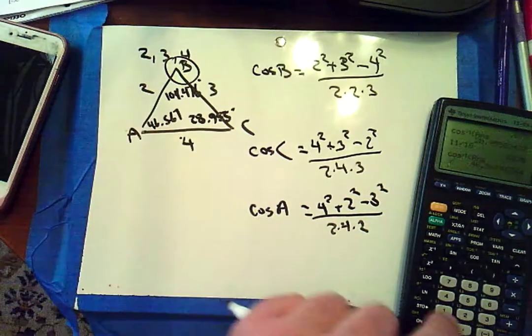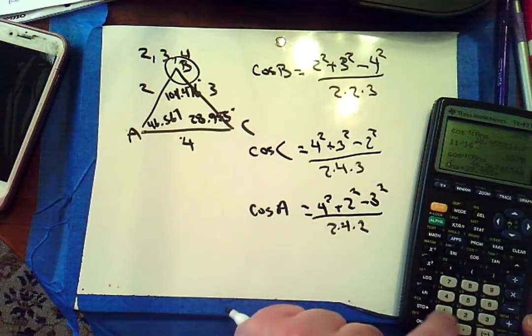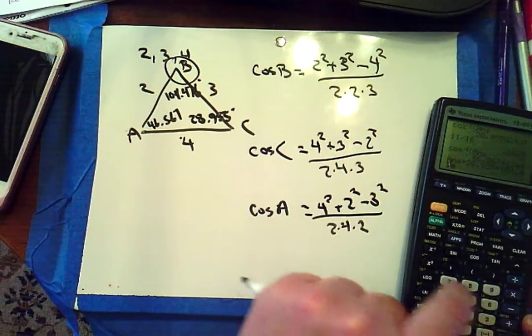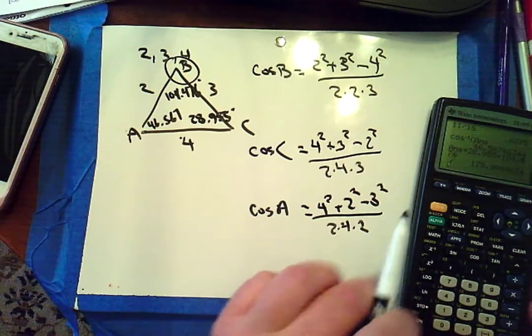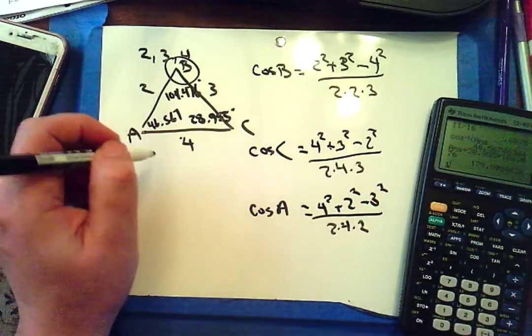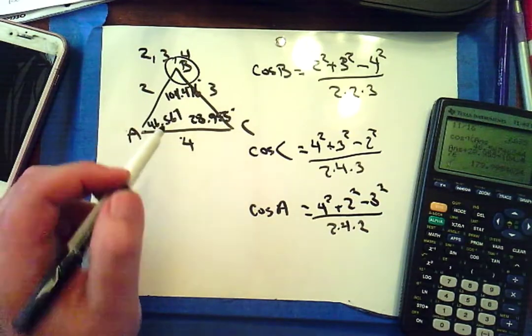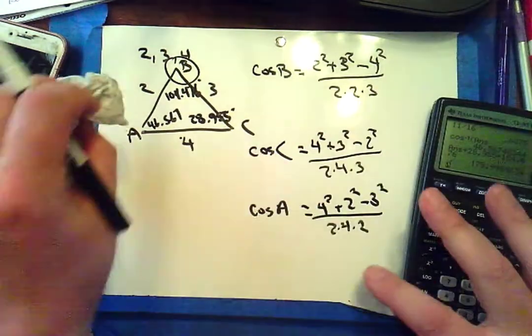So if I add up all of these, plus 28.955 plus 104.476, then I get something, just based on rounding error, remarkably close to 180. And so there's my solved triangle. Those are the three angles. Okay, let's try another one.